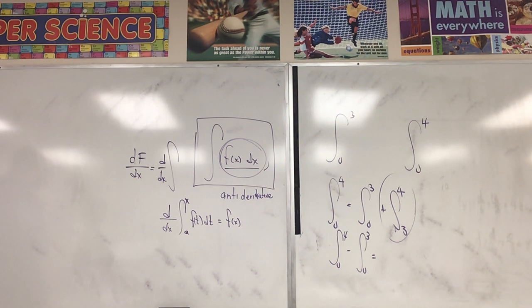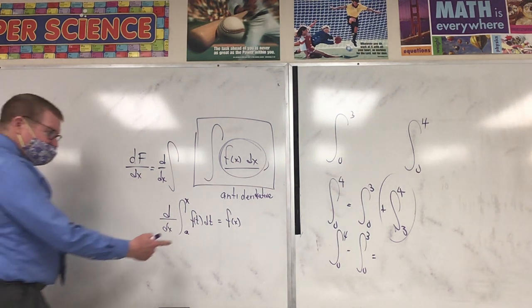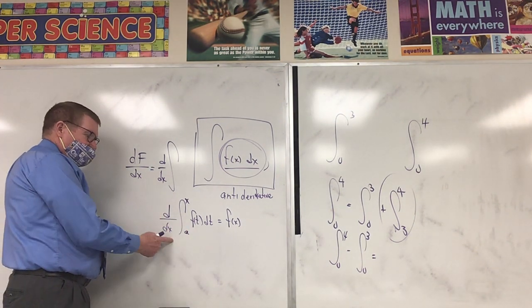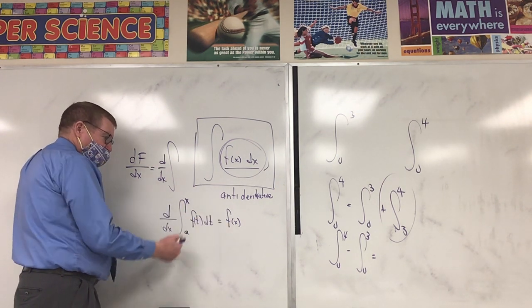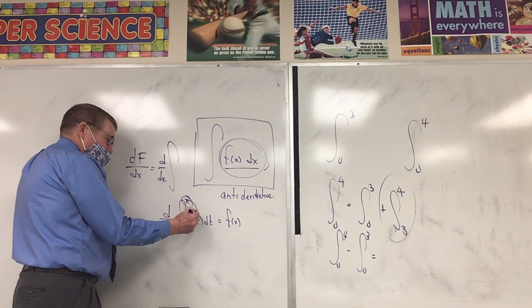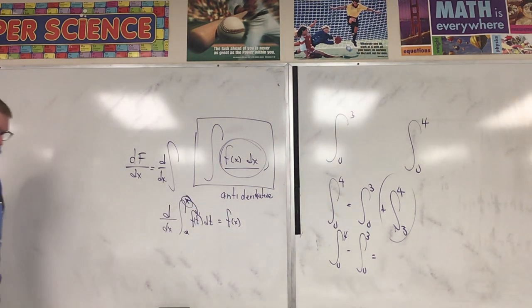So basically, because of this, the derivative of the integral from a to x of f of t dt equals f of x. If we notice, all we're doing is substituting in my x. We're on page 295.